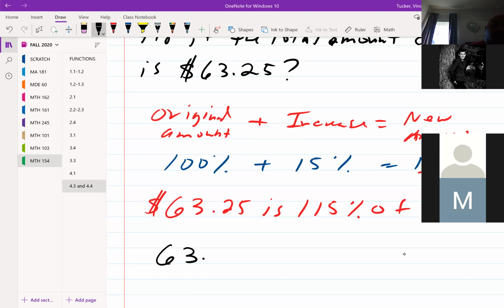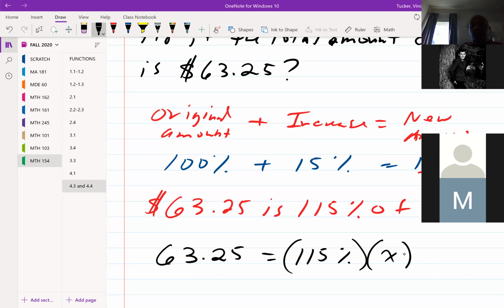So if we want to set this up, I believe we talked about this last class, setting up your proportions or your equations. 63.25 is equals.